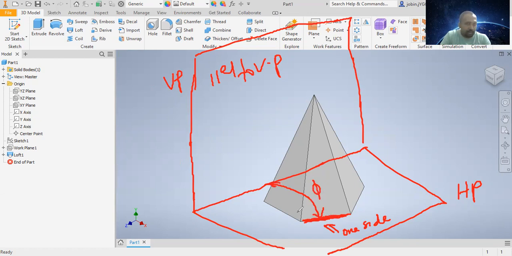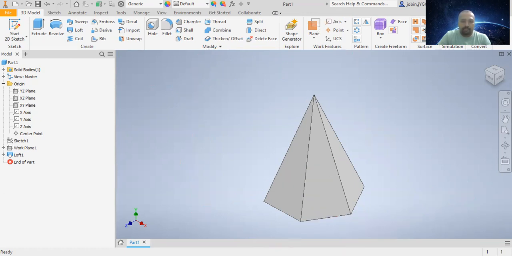So when you place this object, make sure that one side is parallel to VP. Then what next? Then this is cut by a section plane.